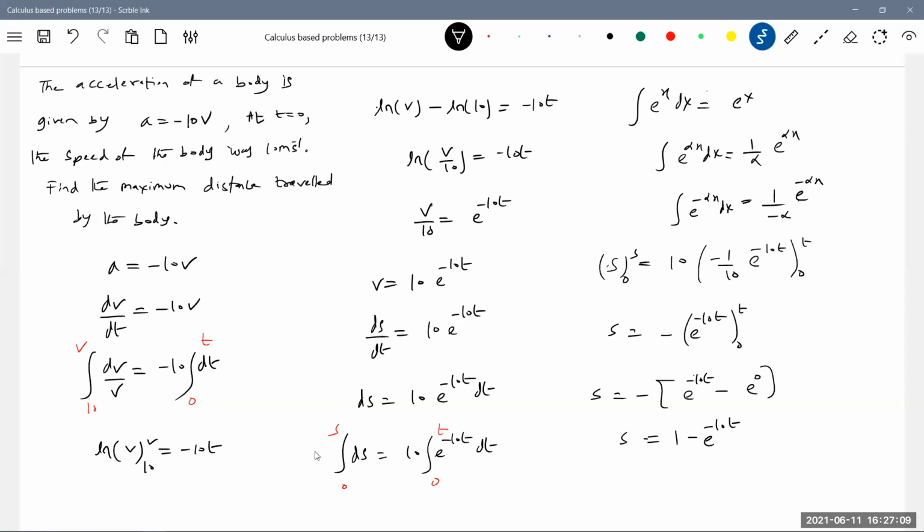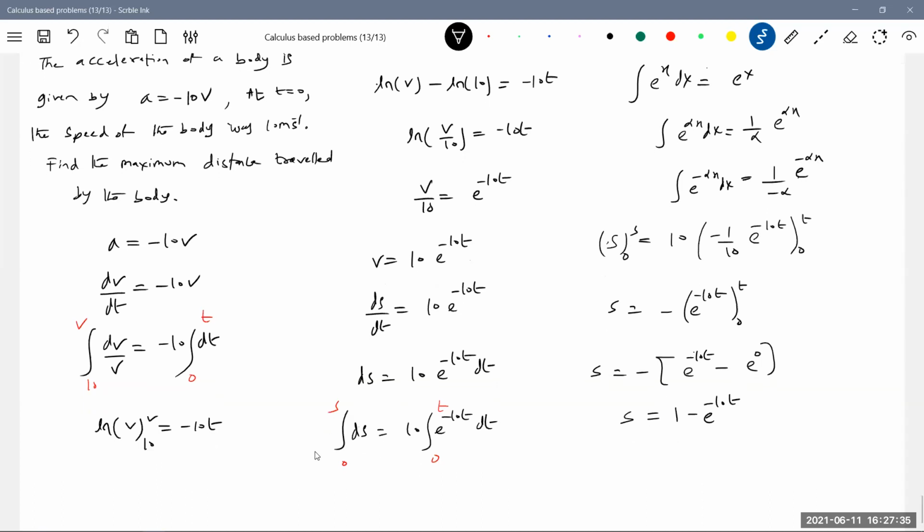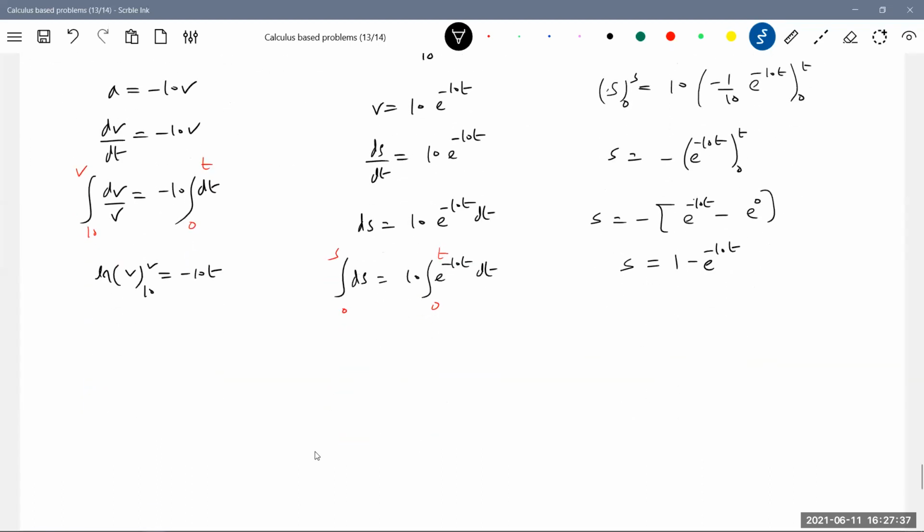What did we get? What is the maximum distance traveled by the body? What to do here? You know this function. I hope I plotted the graph also. If you have not interpreted that graph, it is very difficult to conclude anything. I'll bring the graph into the picture.